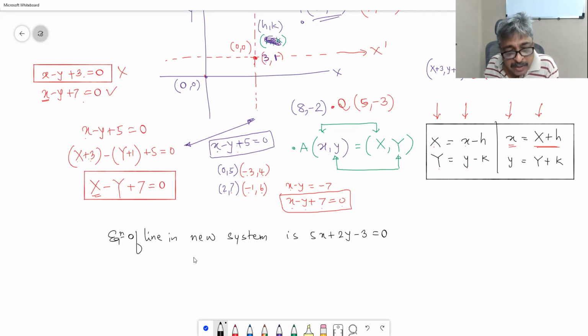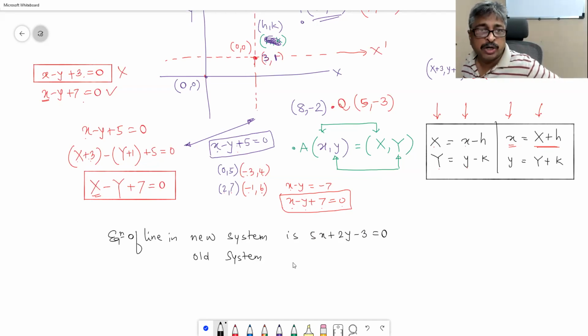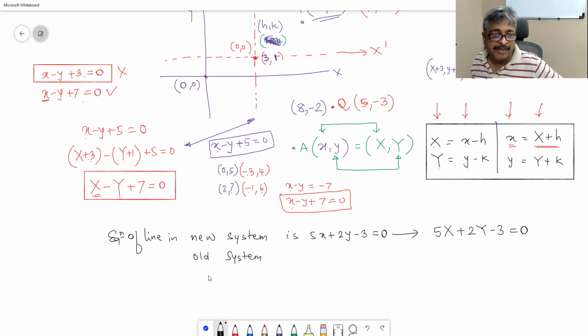What is equation of line in old system? Okay, if I ask you this question, then what you are supposed to do is, oh, this equation is given like this, but it is actually 5 capital X plus 2 capital Y minus 3 is equal to 0. And I am asked about old system, so I am supposed to report in small x and small y.